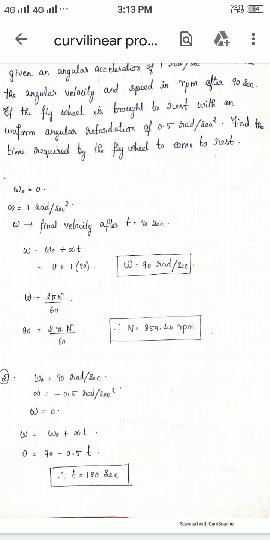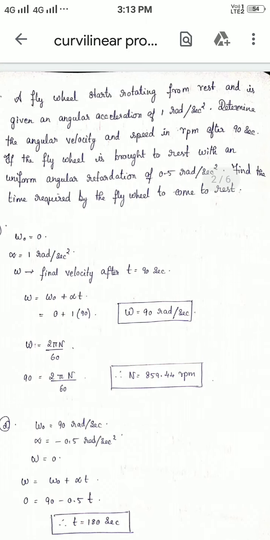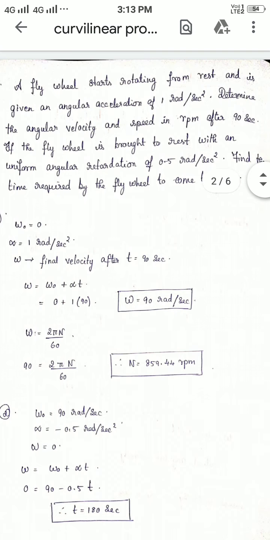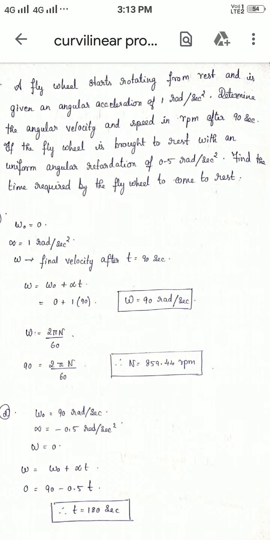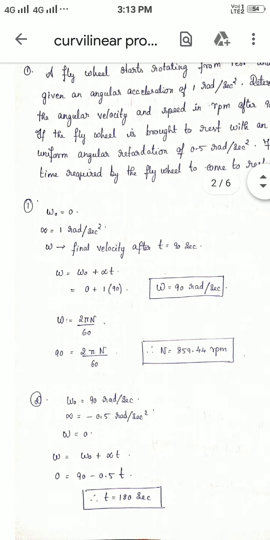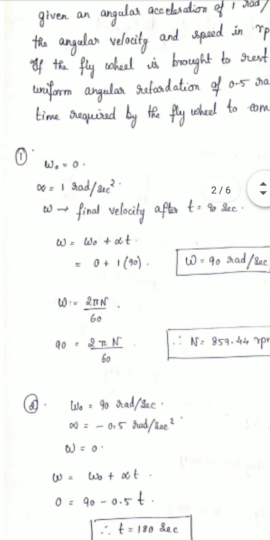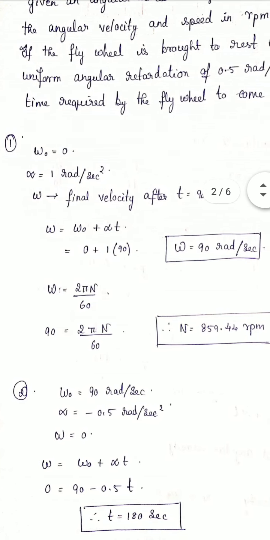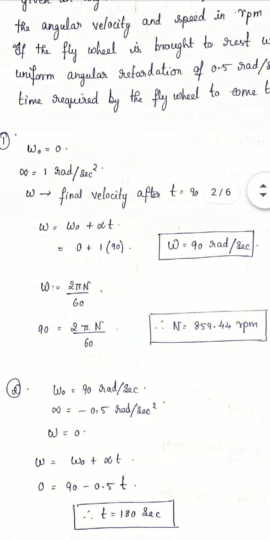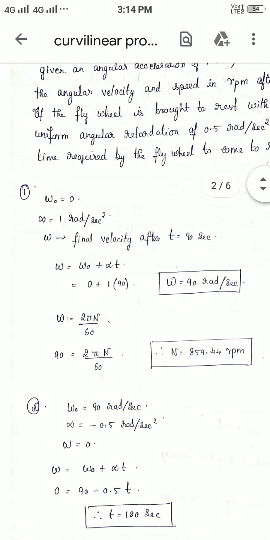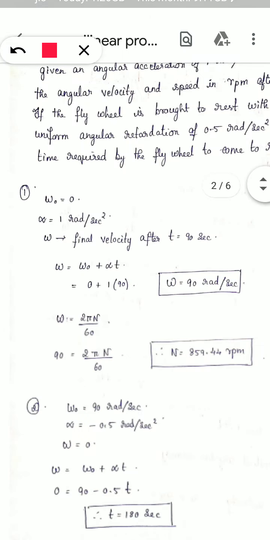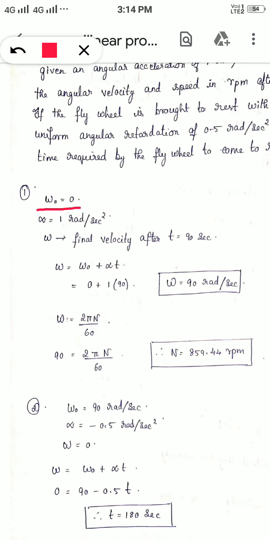So there are two questions in a single part. One is from the starting point, that is from rest it is rotating, and the second is from the rotating state we are going to stop it. Let us take the first condition, we'll do the first part now. Initially the velocity will be equal to 0 since it is starting from rest, so we take w naught is equal to 0.